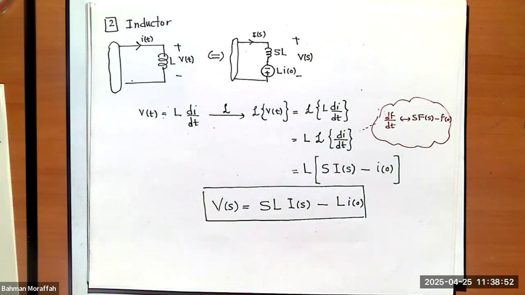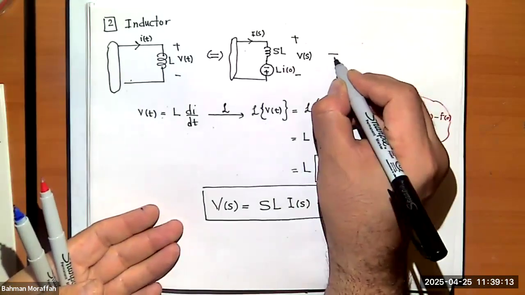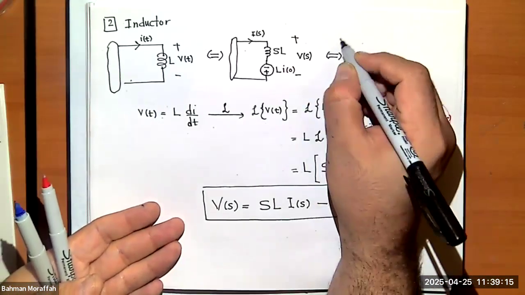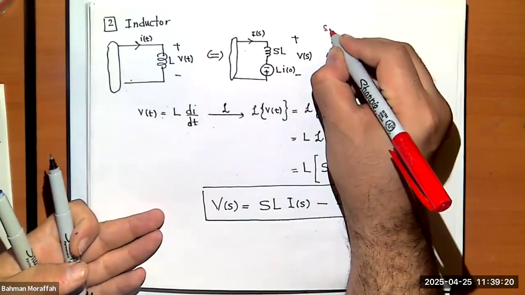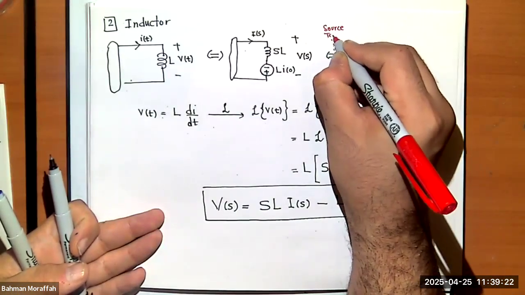Obviously, we need source transformation. If I have some impedance followed by a voltage source, I can write that as the exact same impedance followed by a current source in parallel with it. So I can write this using source transformation.